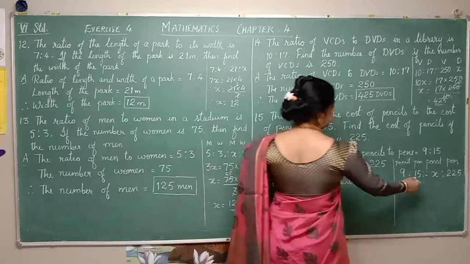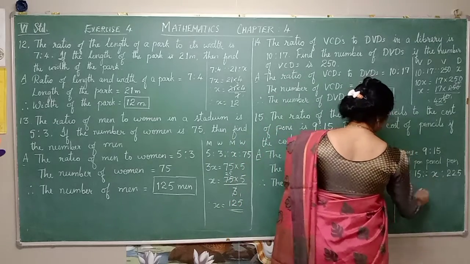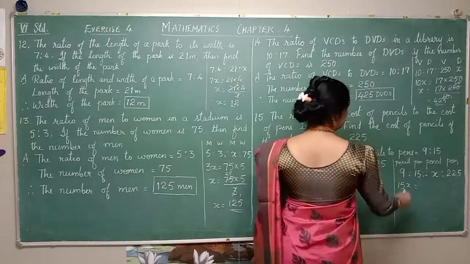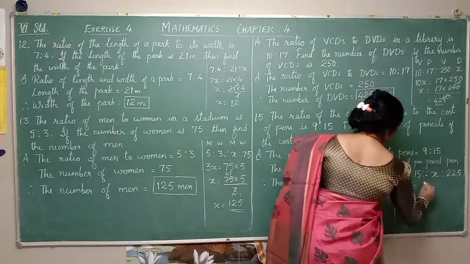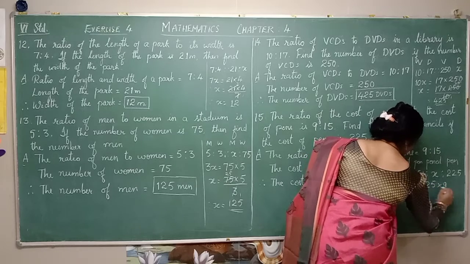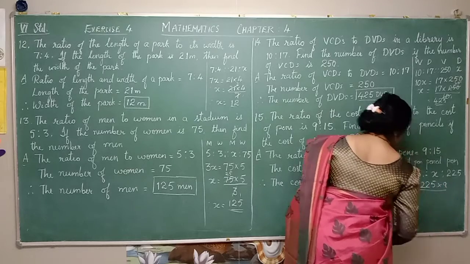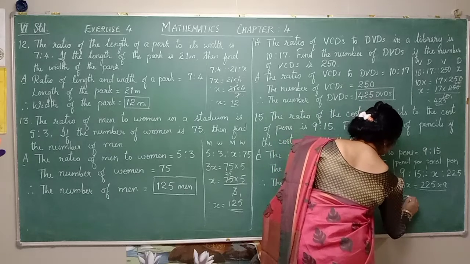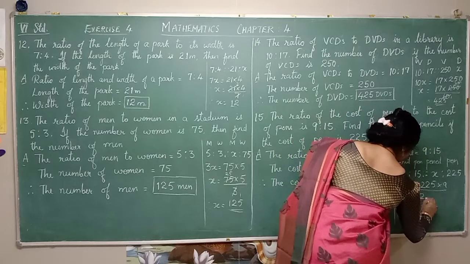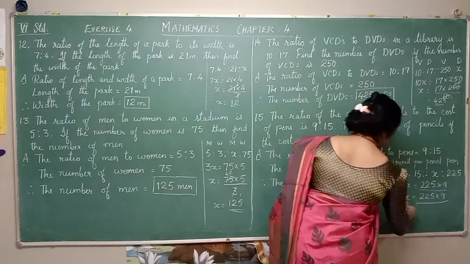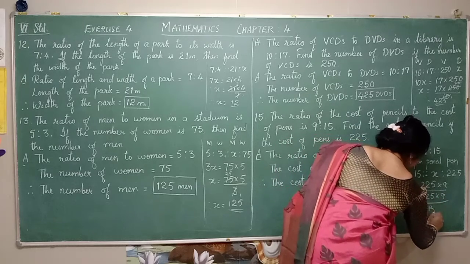So we write means: 15 into X is the means. 15X is equal to 225 into 9. Now therefore X is equal to 225 into 9 by 15.